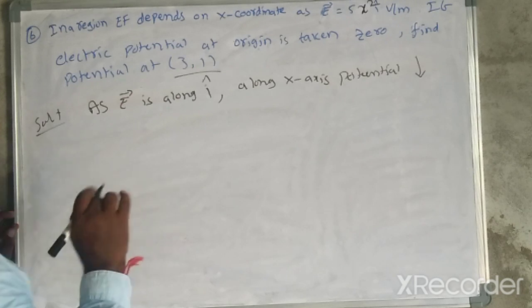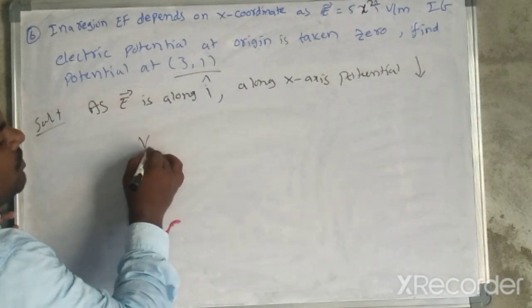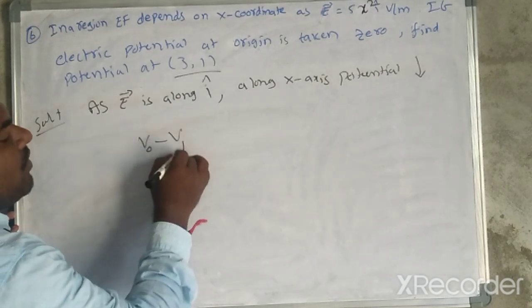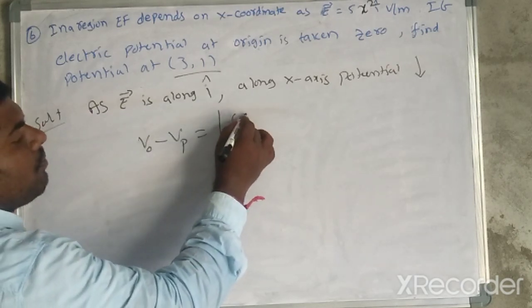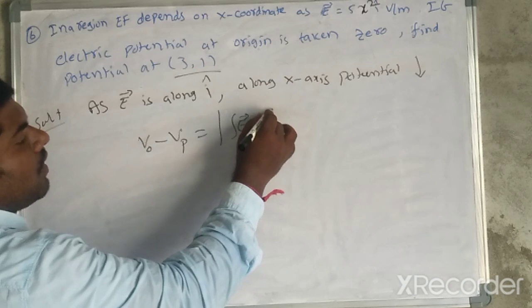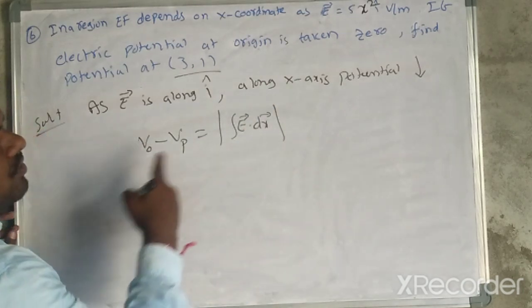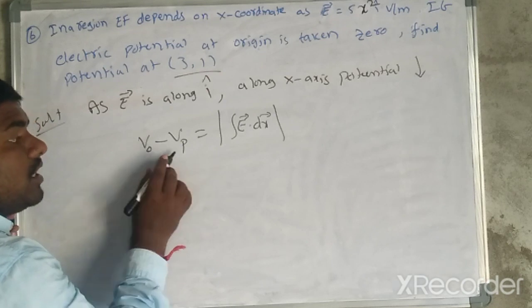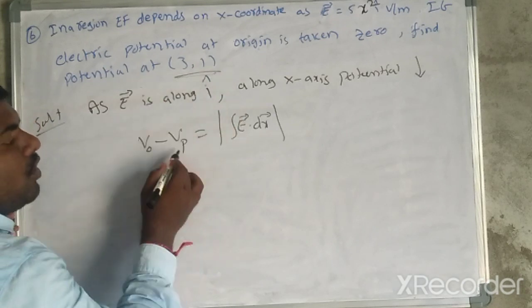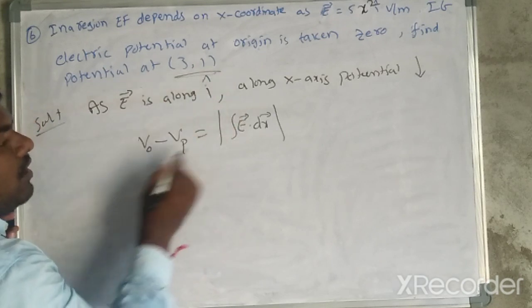Already we know this point. So Vo minus Vp is equal to the magnitude of the integral of E dot dx. Here we take the magnitude, since the origin potential is more than the potential at this point, so it is always positive.